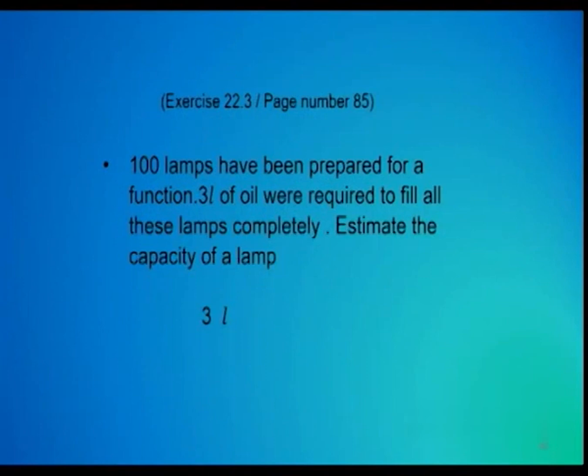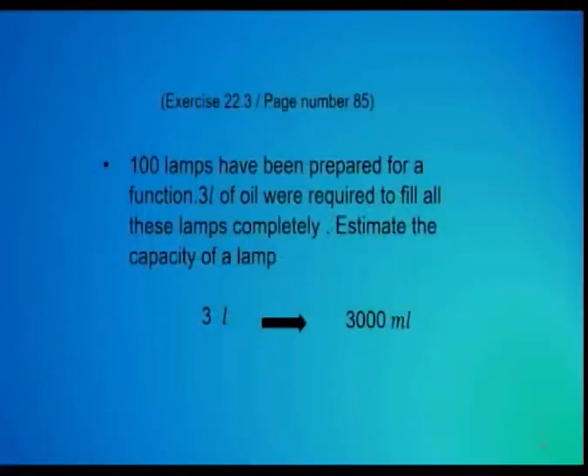So, first of all, you have to convert this value into milliliters. How do you convert liters into milliliters? Yes, you have to multiply this value by 1000. If you multiply 3 L by 1000, you get 3000 milliliters.